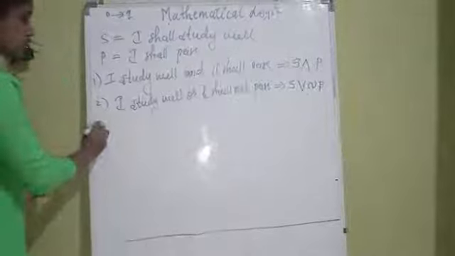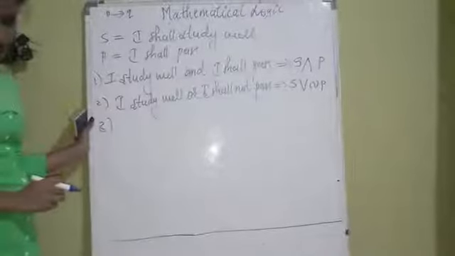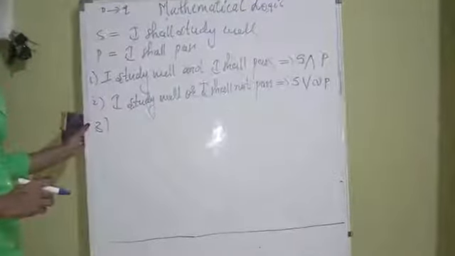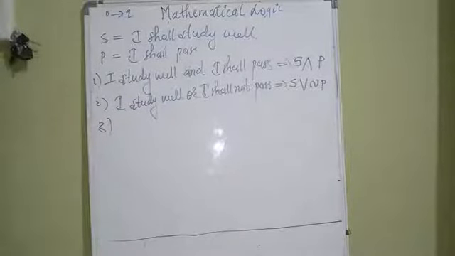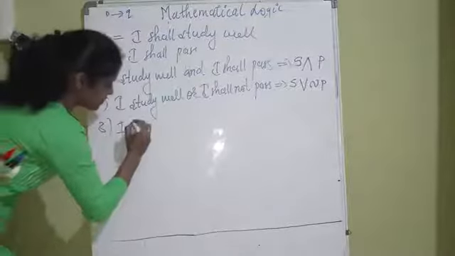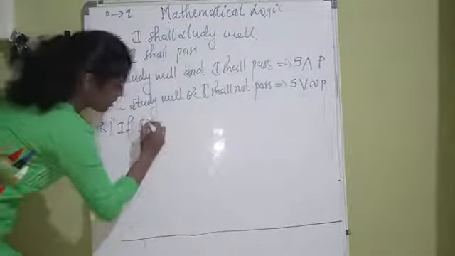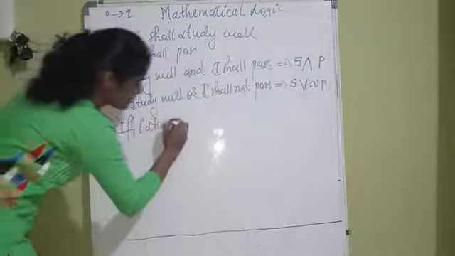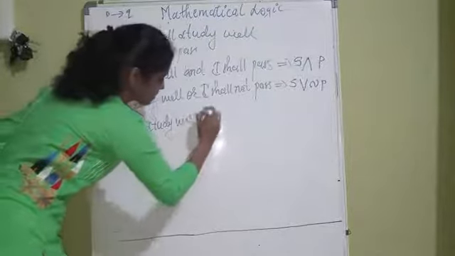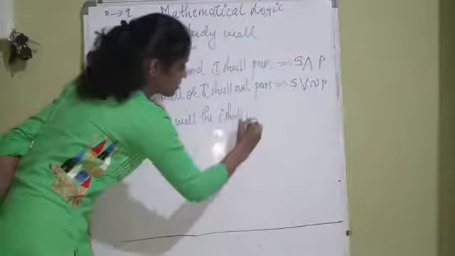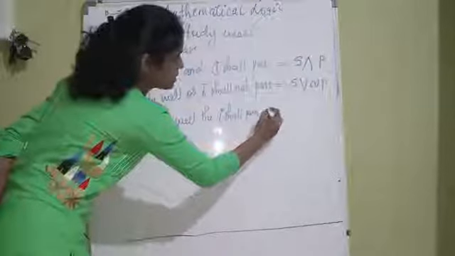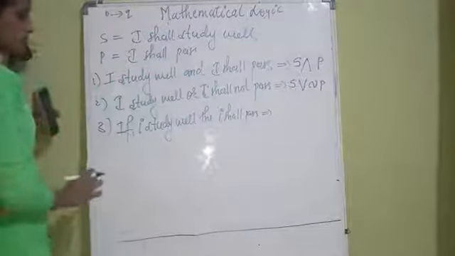See the next one is, if I study well then I shall pass. That is, if I study well, then I shall pass. Correct? So I will get this if condition.